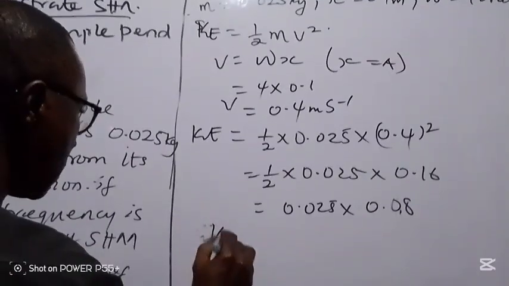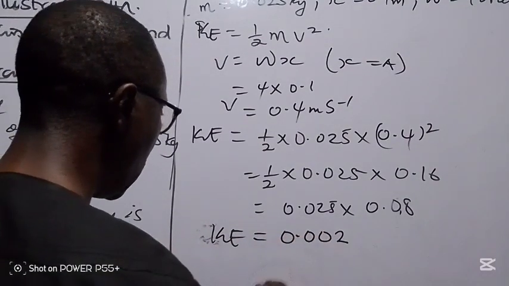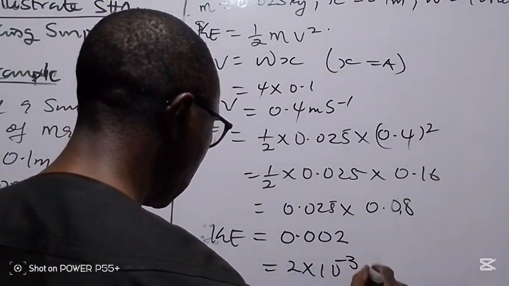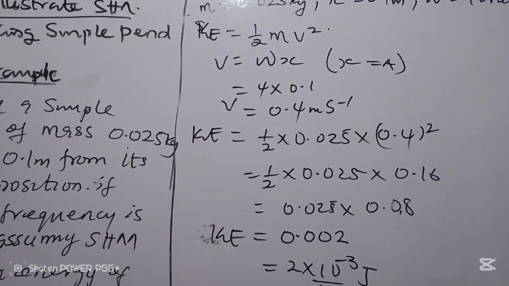The energy in the system is equal to 0.002, which is equal to 2 times 10 raised to power minus 3 joule. That's for example 6.